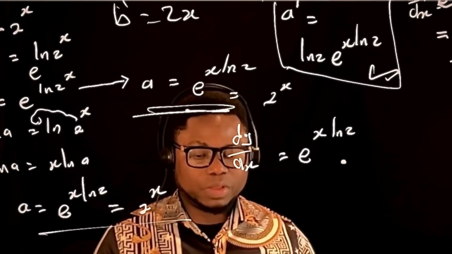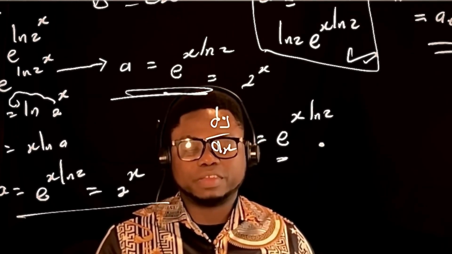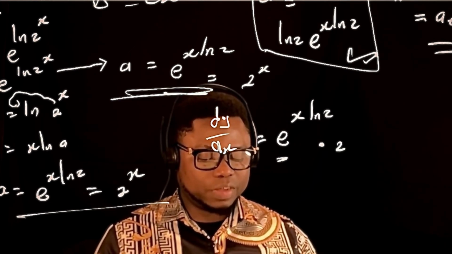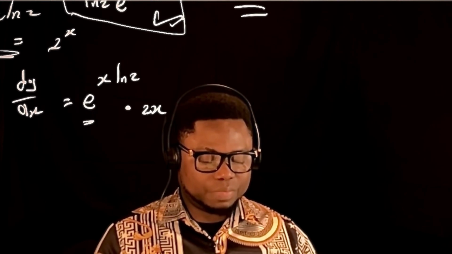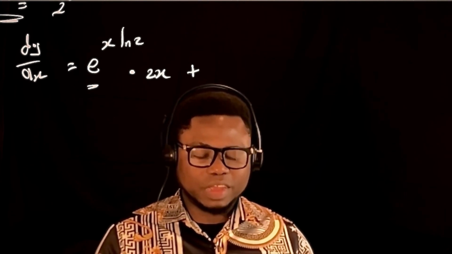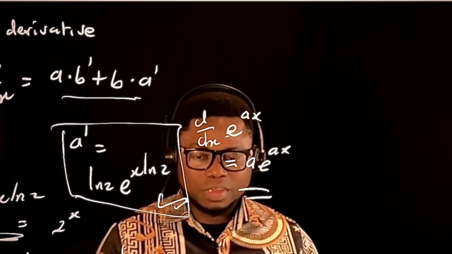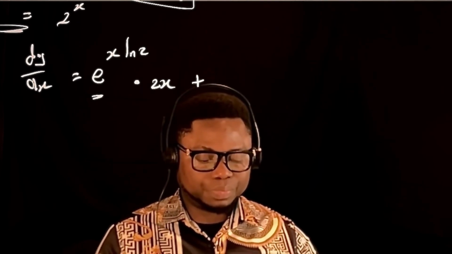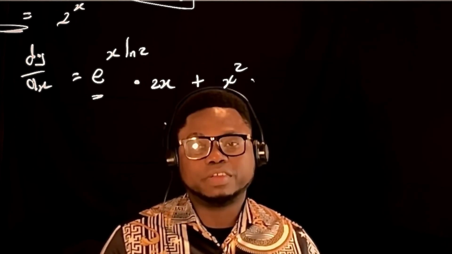So coming here, I'm going to say times. I'm keeping the value of our a, e raised to the power of x ln 2. Then multiply by b prime. B prime is 2x. Then plus, since I kept a, the product rule says a times b prime plus b times a prime, so I'm going to keep b, which is x raised to the power of 2, then multiply it by the derivative of x raised to the power of 2.